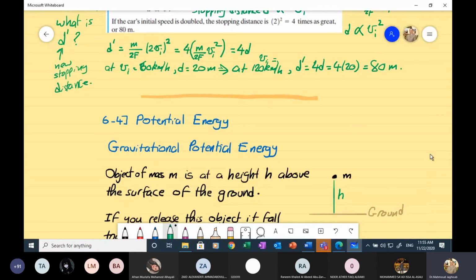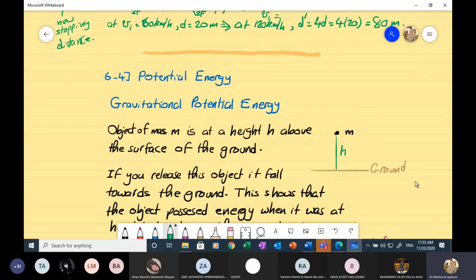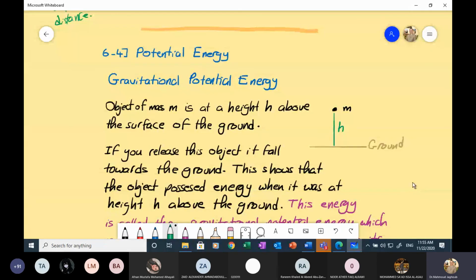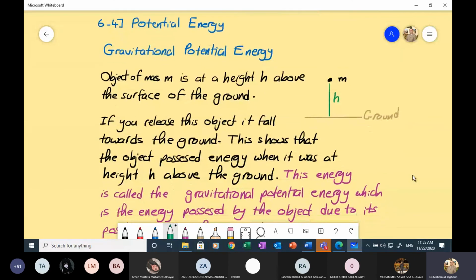That's why when you drive your car, you must leave a safe distance between you and the car in front of you. We must leave a safe distance between us and the car in front of us. And the higher your speed is, the larger that distance becomes. Okay? Any questions on this?